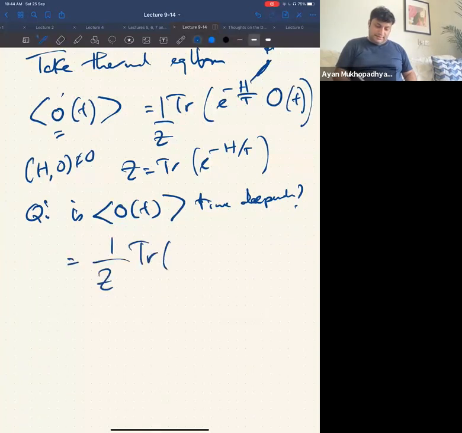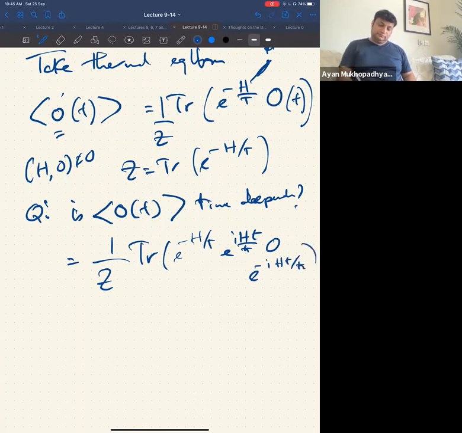This is simple. Write this as the trace of e to the power minus H by T, and I write explicitly e to the power i H t by h bar, O, e to the power minus i H t by h bar, right? Then I use the cyclicity of the trace.